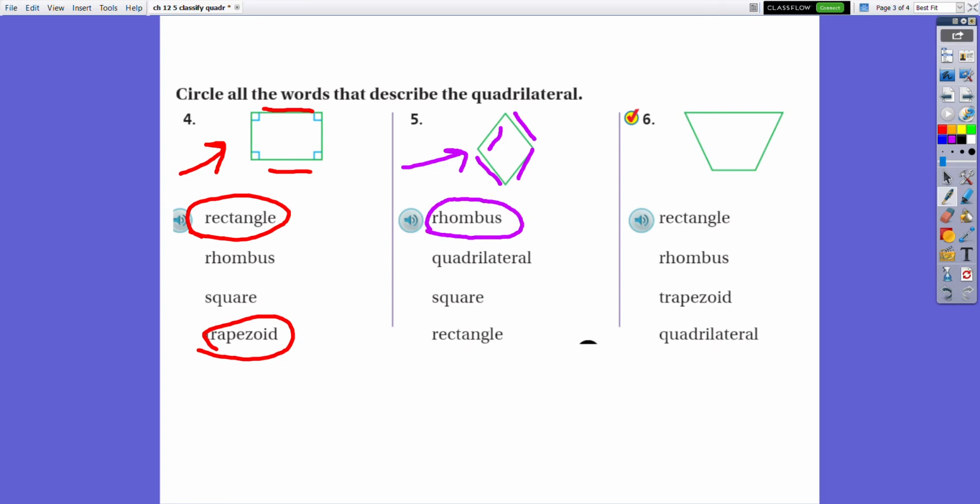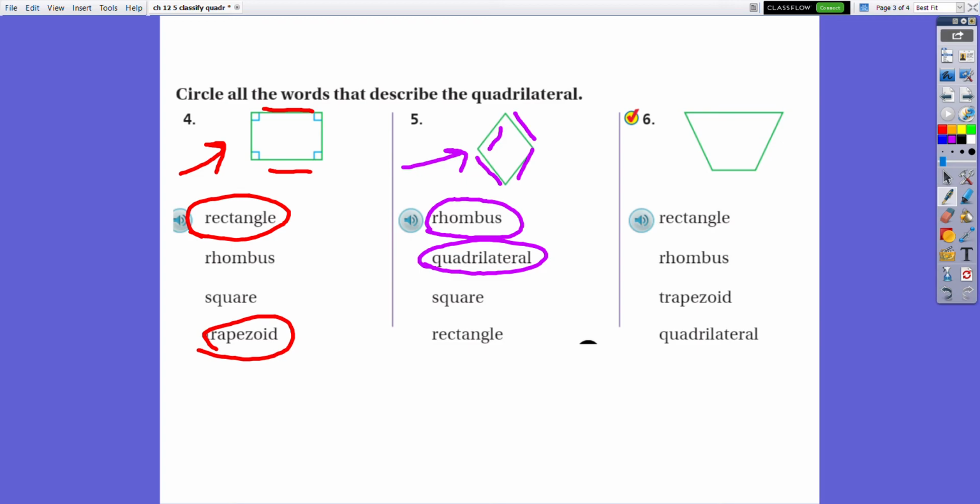Now, is this a quadrilateral? Yes, of course, without even thinking. As long as this shape has four sides, four angles, yes, this is a quadrilateral. Now, is this a square? Well, it has two pairs of parallel sides. It may be a square. It has four sides that are equal length, yes, but there is no right angle, so this is not a square.